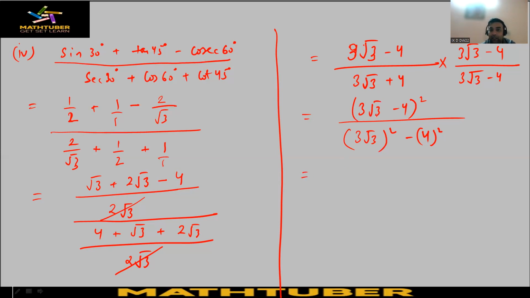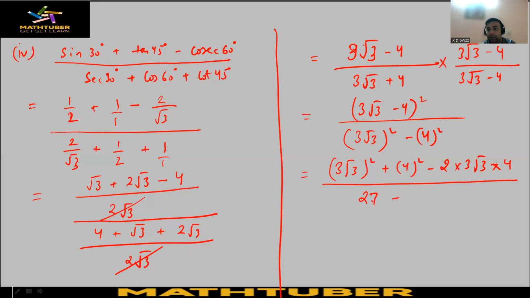So now if we apply the identity here, a minus b whole square, it will be 3 root 3 square plus 4 square minus 2 into 3 root 3 into 4, divided by 3 root 3 square which will be 27, minus 16.